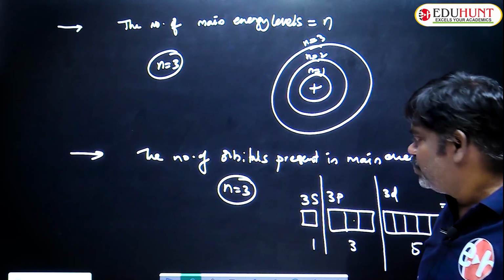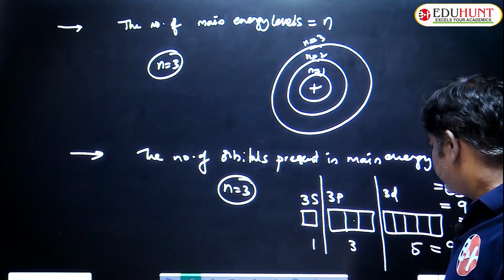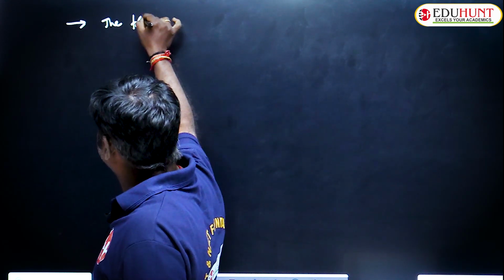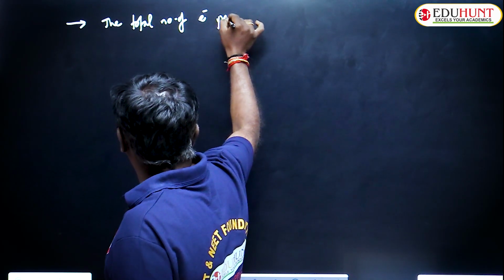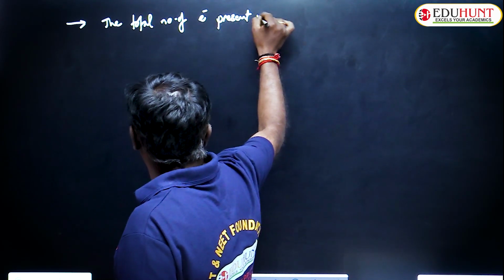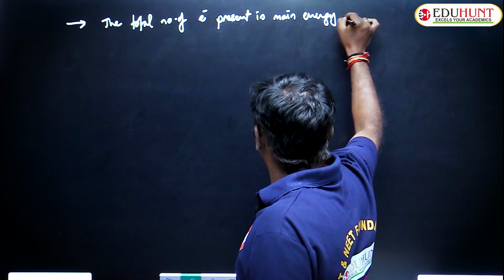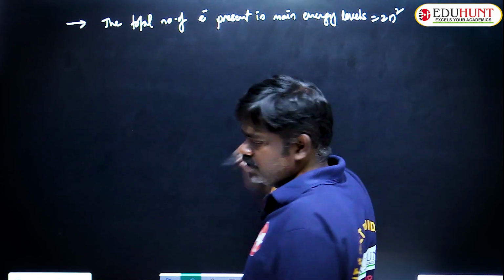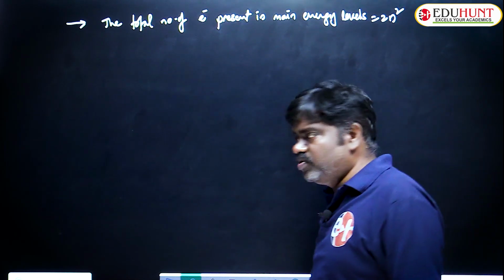And it also explains the total number of electrons present in the main energy level. The total number of electrons present in main energy levels is 2n square.